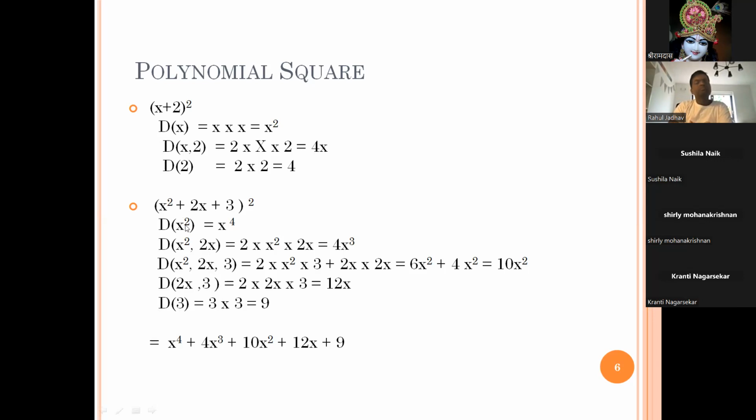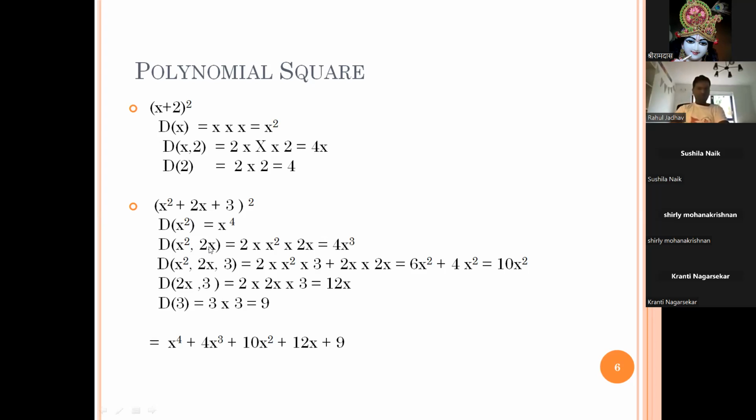Single digit duplex is what? Multiply by itself. So x square into x square becomes x raised to 4, because x square means x into x, and x square again, so x 4 times.